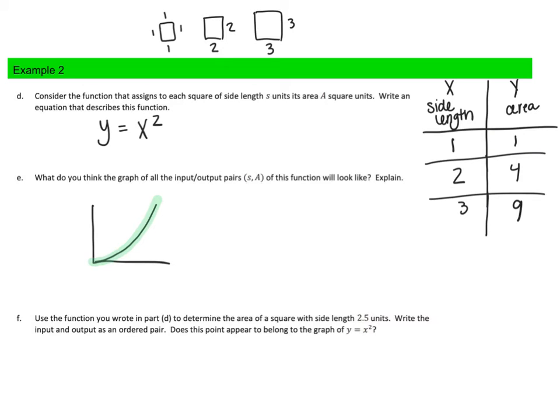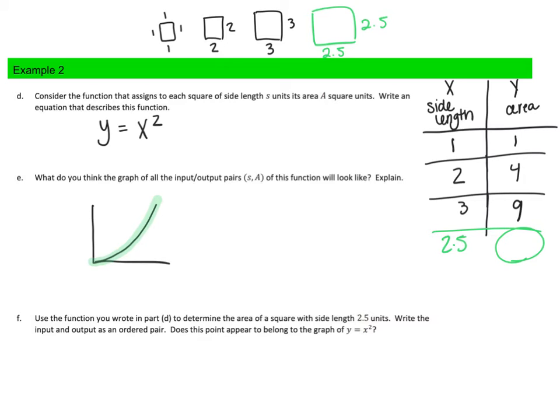All right. It says use the function you wrote in part D, which is y equals x squared, to determine the area of a square with a side length of 2.5 units. So if this is a 2.5, what is this? Well, if I have a square, it's 2.5 on every side. To find the area, I would just do 2.5 squared, or 2.5 times 2.5.